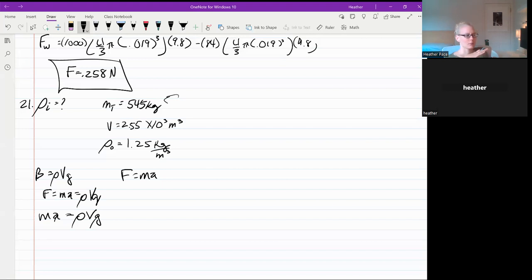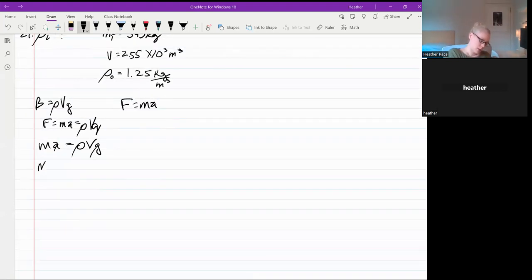So it's the overall density because they're matching. So we can write m equals rho of the outside minus rho of the inside times volume. And the volume we're given.